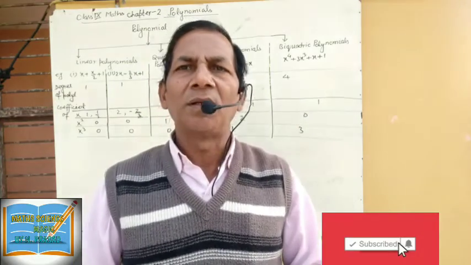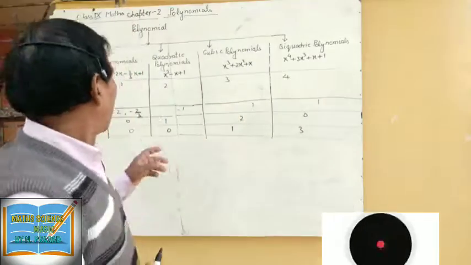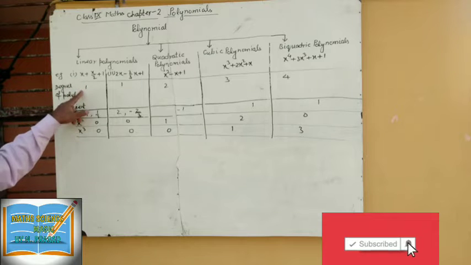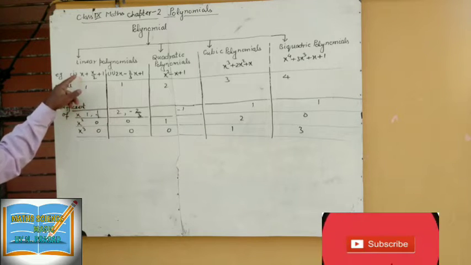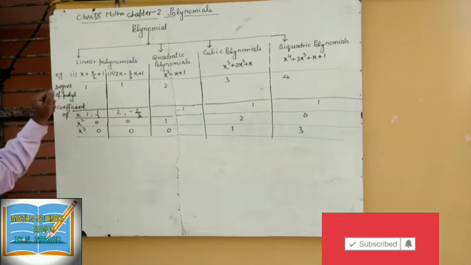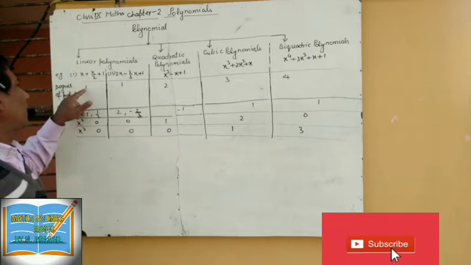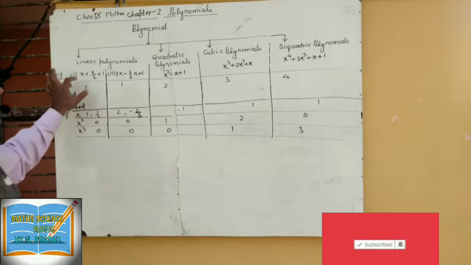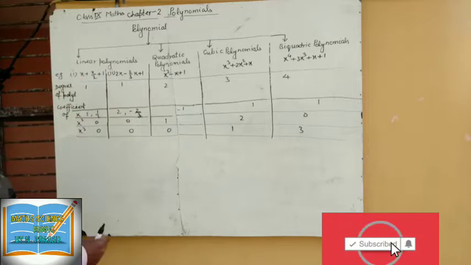If you are asked to find the coefficient of the variable x, here variable x has coefficient 1. If 1 is not written here, even when you multiply 1 to x, x will come only. That's why 1 is already hidden in x. 1 is the coefficient of this linear polynomial.